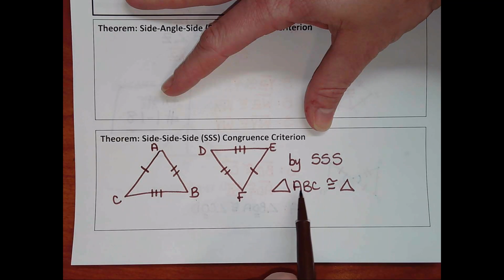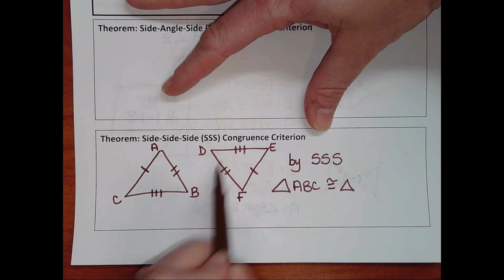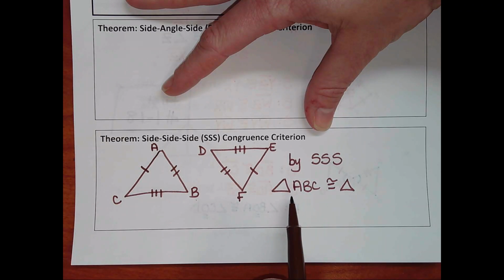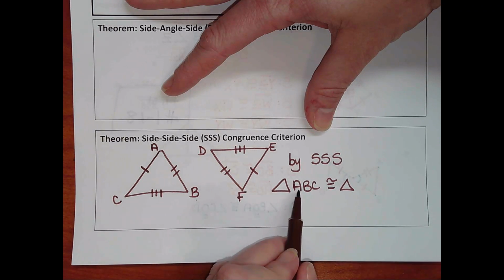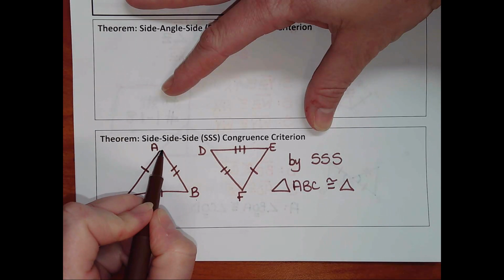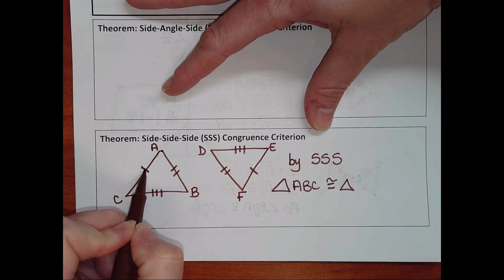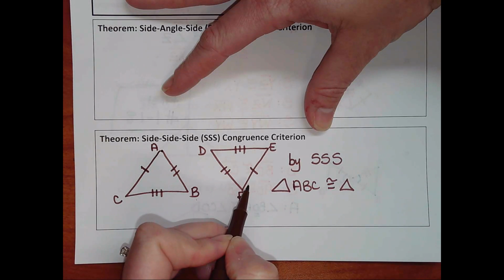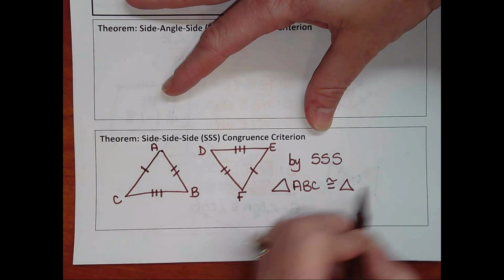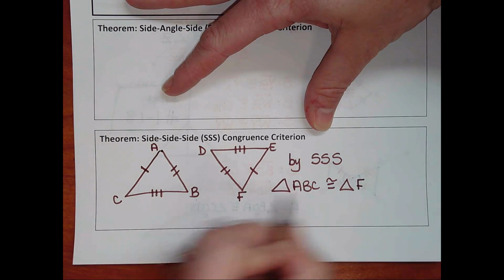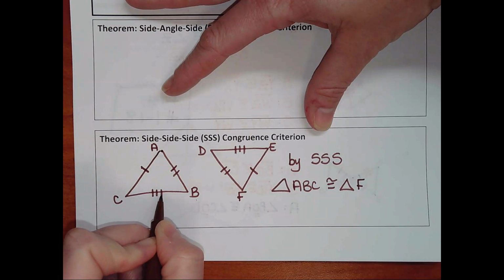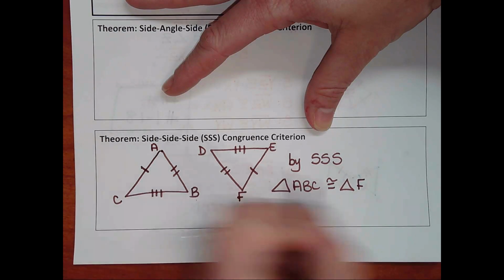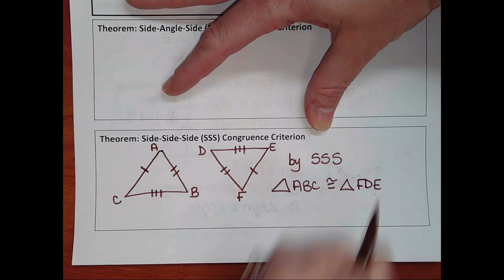Remember how this angle corresponds to a specific angle over here, or this letter does? You have to be careful. So A is the angle in between the 1 dash and 2 dash, we could say. Which angle is in between the 1 dash and the 2 dash? F. B is right here in between the 2 and the 3, so that would be D, and that leaves us E.